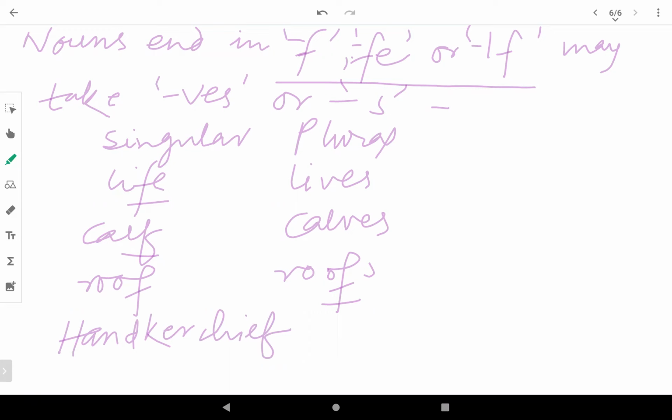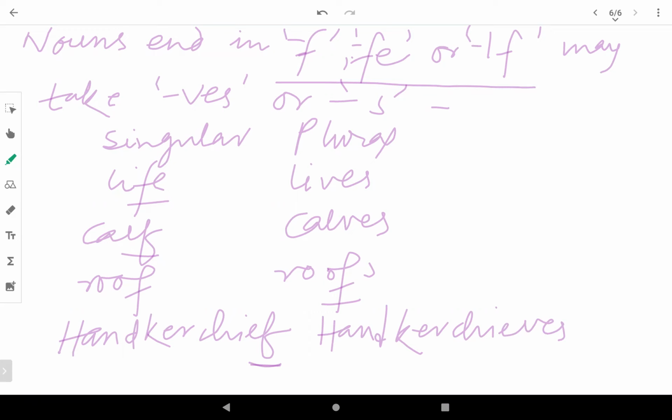Handkerchief, here this word ends in f, but it will be handkerchiefs.